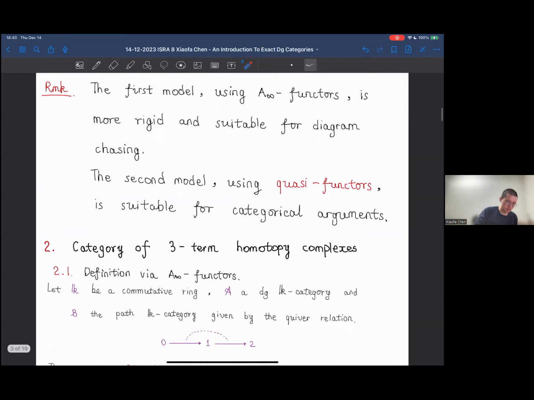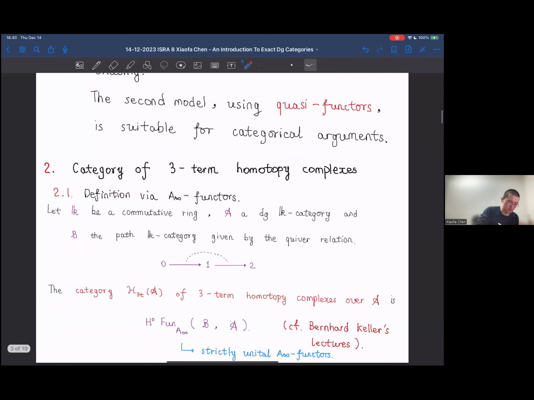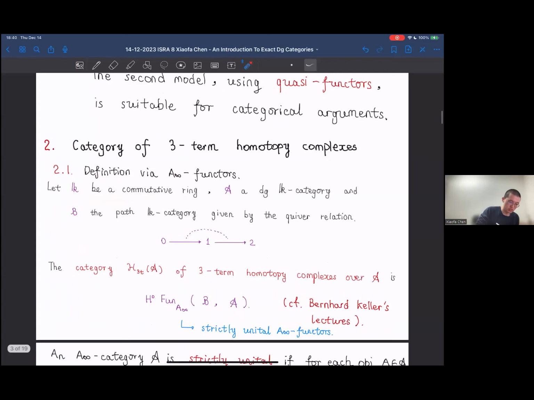So let's start the definition of three-term homotopy complexes. We define this using A-infinity functors. So we need to define such a dg category B. Throughout we'll fix a commutative ring k, and our dg categories will be linear over k.